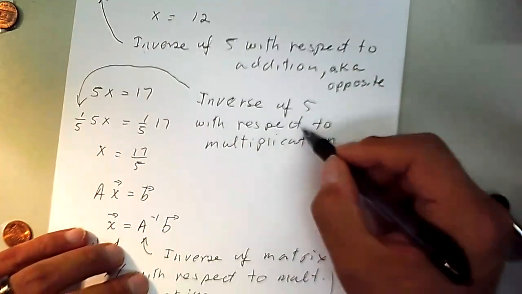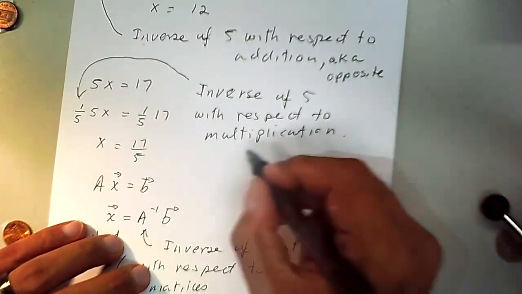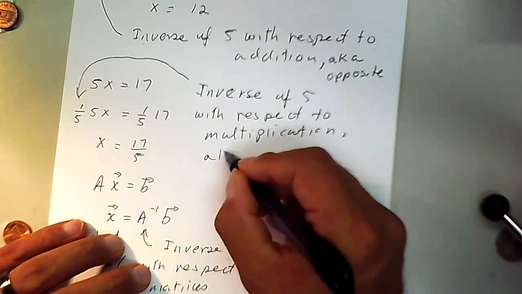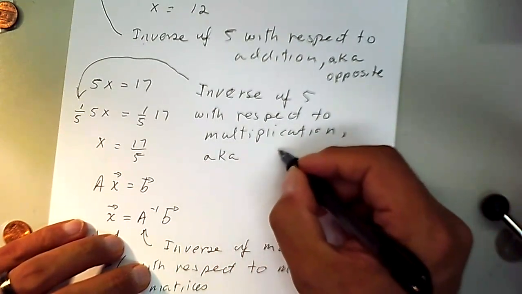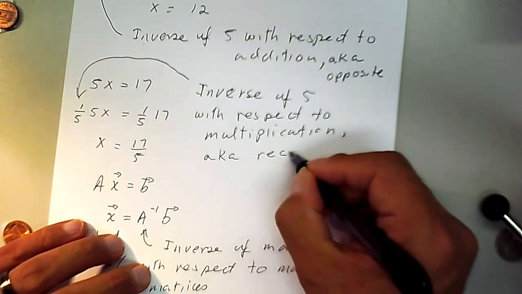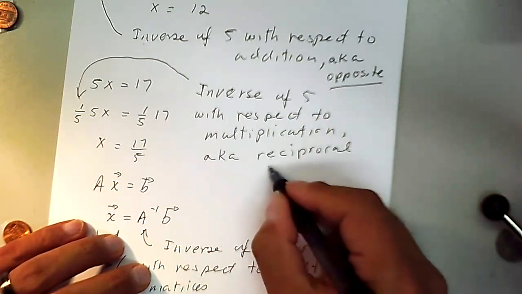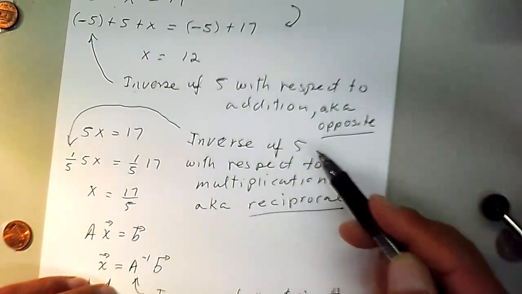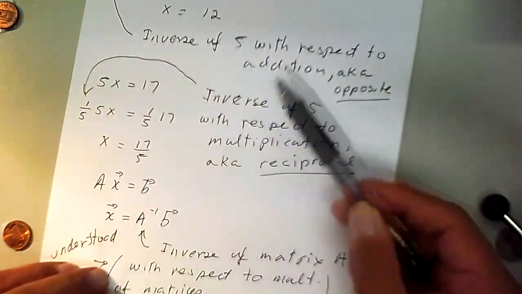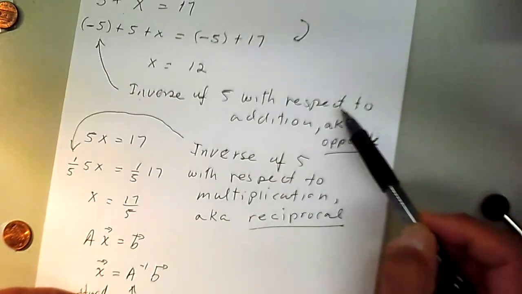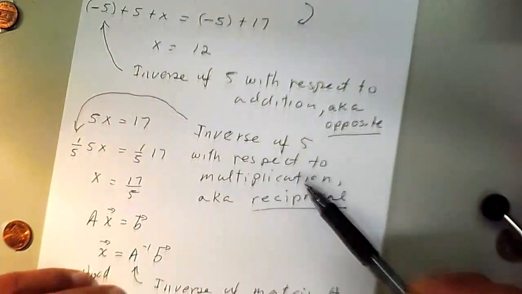And the inverse of 5 with respect to multiplication has a special name, reciprocal. So the initial name is inverse for all three. If we are talking about addition, then we call it opposite.